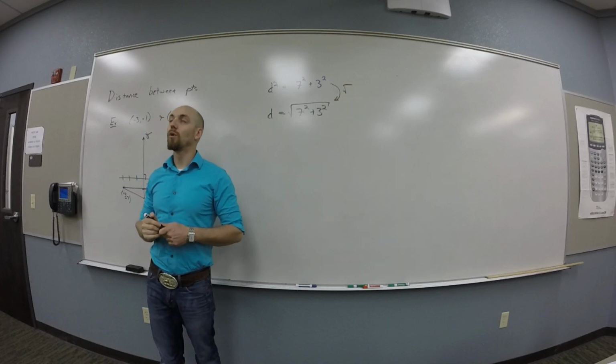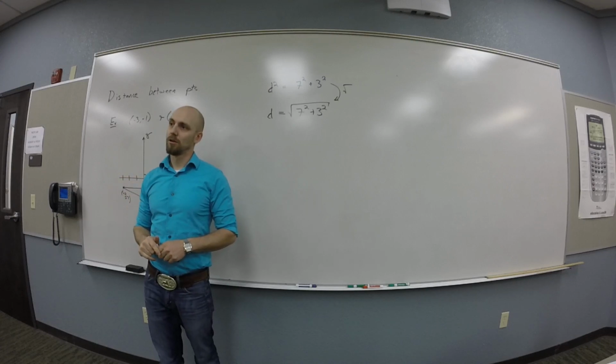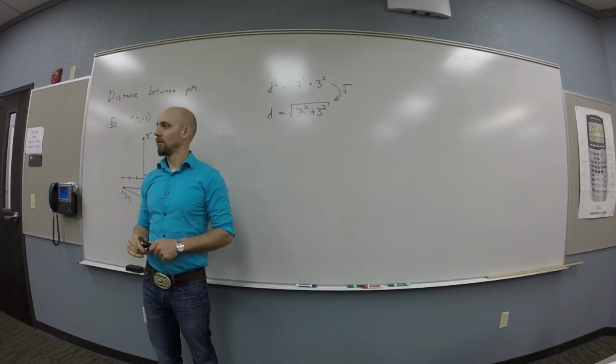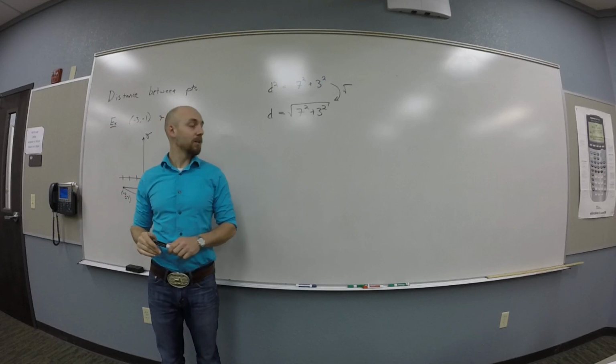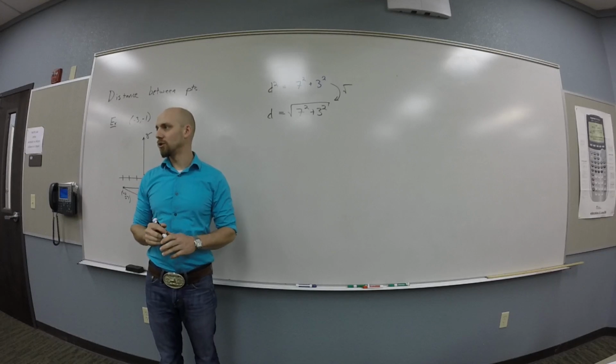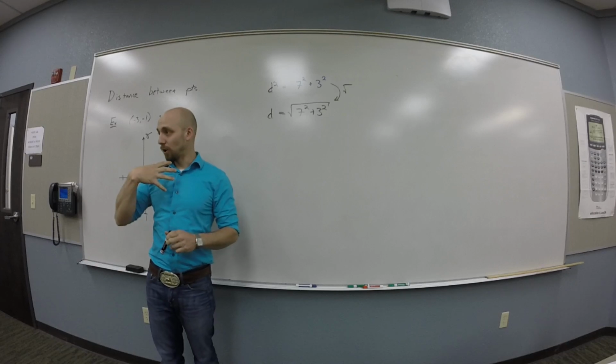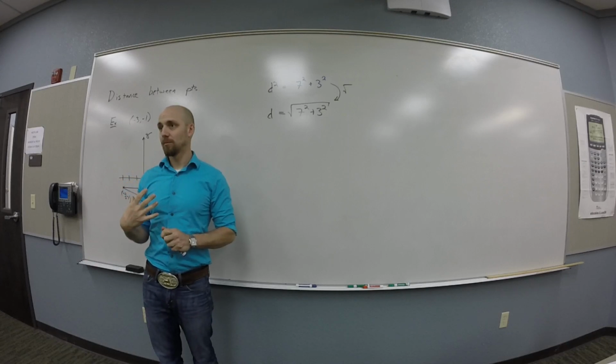What did I fail to do that I usually do here? Actually, multiply out 7 squared. Yeah, I've failed to actually compute. But what else have I not done that I usually do? Have you guys seen something up here that I usually do that I haven't? Yeah, I don't have a plus or minus here.